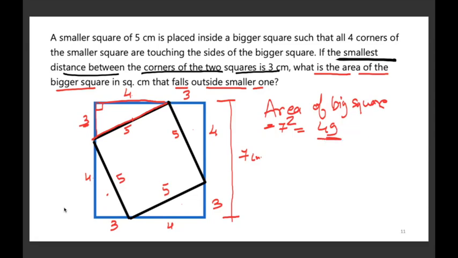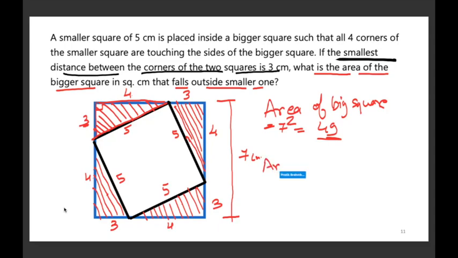This same statement can also be reinterpreted as asking me to find the area of the part that gets left behind after we put the small square. So I can also interpret it as asking me to find the area of this shaded part, which is the area of the bigger square left outside the smaller square.